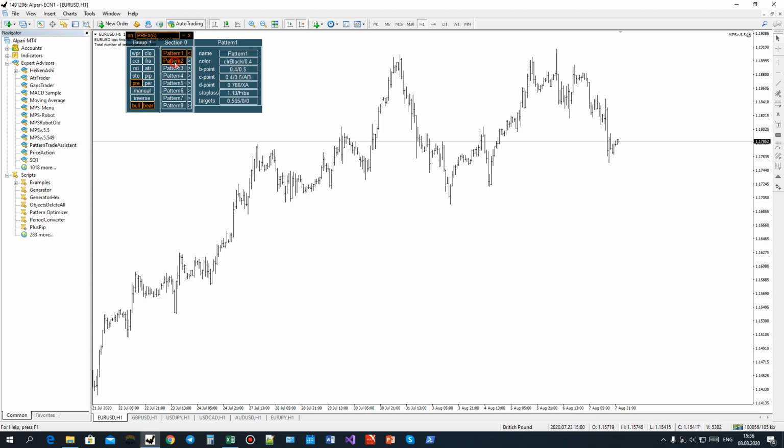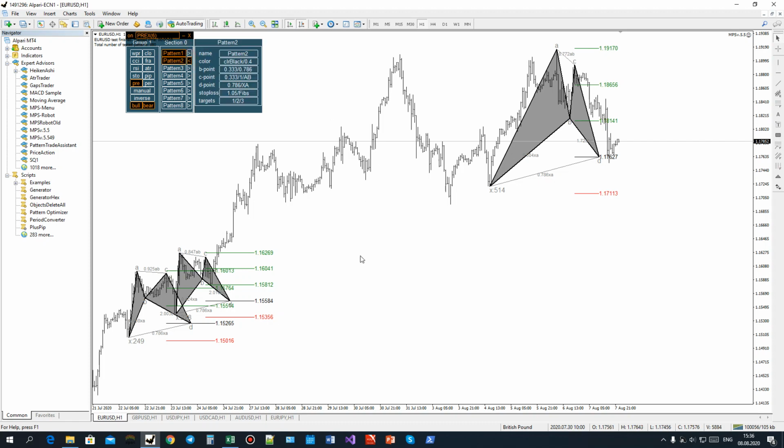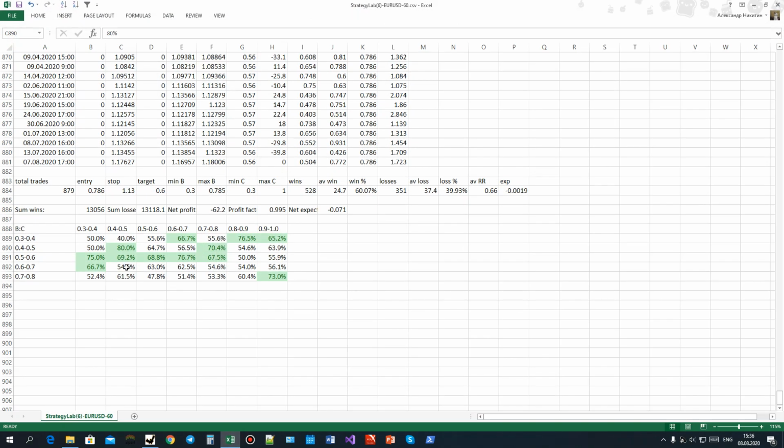Okay, let's set pattern number 2. And pattern number 2 says, which one? 76 maybe. So 0.5 to 0.6.